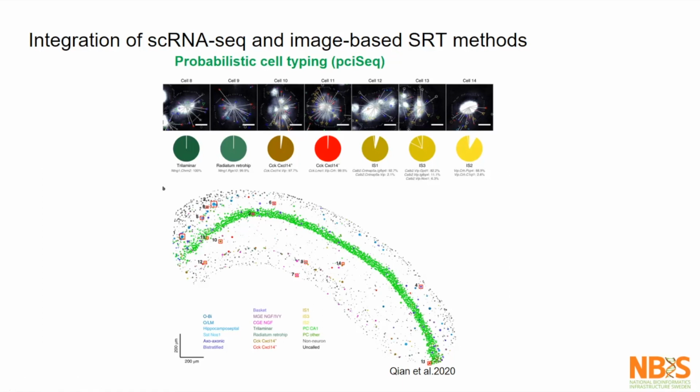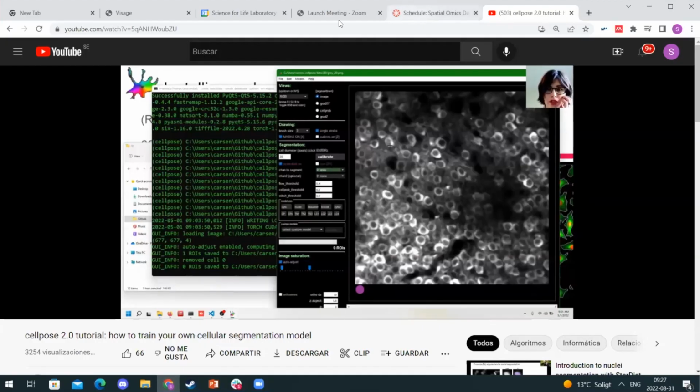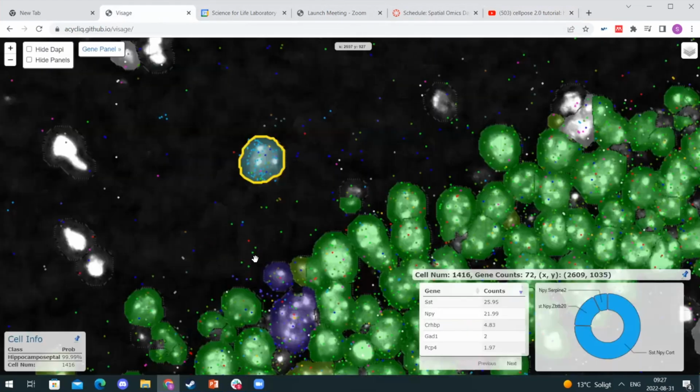And second, it will allow us to some extent assign reads that are outside the cells to cells that they belong to, based on the cellular identity of that cell and knowing the priors that single cell information gives. And regarding that, I'm gonna also show you this.